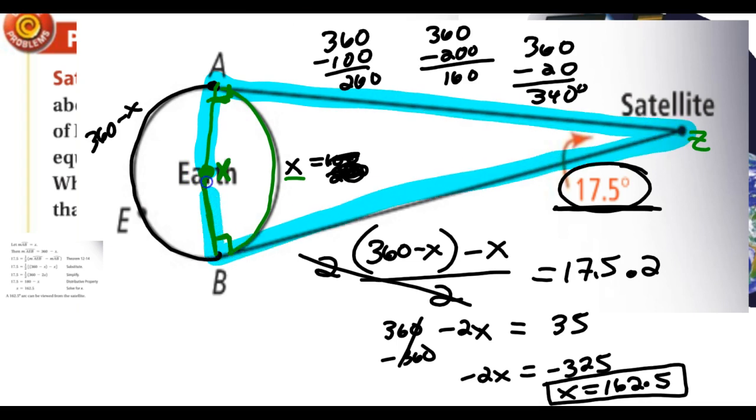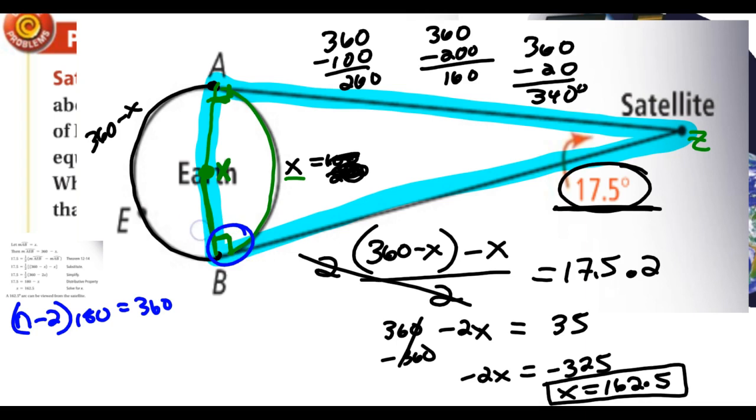It's got 4 sides. And so a 4-sided figure, if you recall from our polygon chapter, has angles that add up to 360, because you use the n minus 2 times 180 rule, right? 4 minus 2 times 180 equals 360.